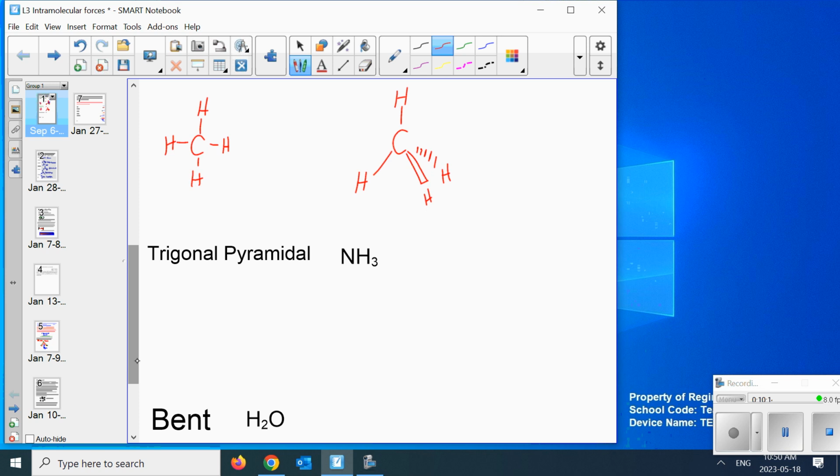You just took the top off of that tetrahedral. Here's your triangle-based pyramid, trigonal pyramid.